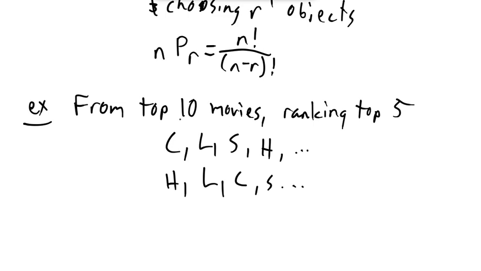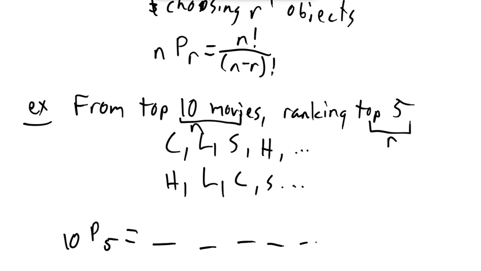Now, how many movies are we choosing from? We're choosing from 10. That'll be n. And we're ranking how many? We're picking 5 of them. So this will be 10 pick 5, or 10 permute 5. What does that equal to? Well, we make 5 different spots, and we're going to multiply from 10 down until we fill out the spots. So 10 times 9 times 8 times 7 times 6.